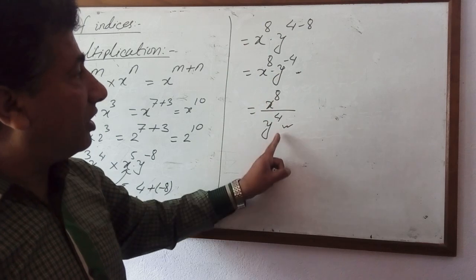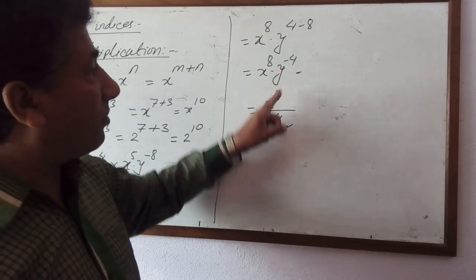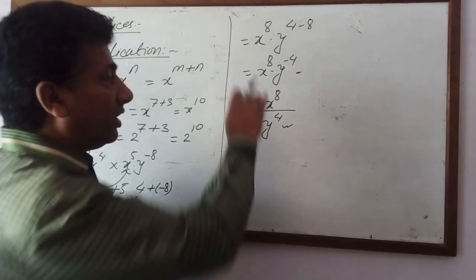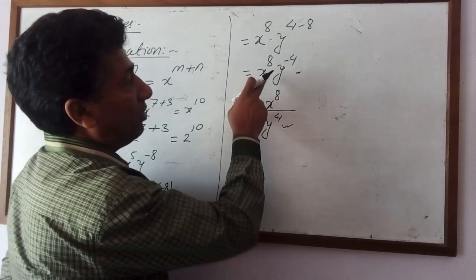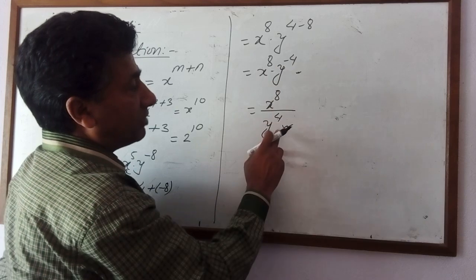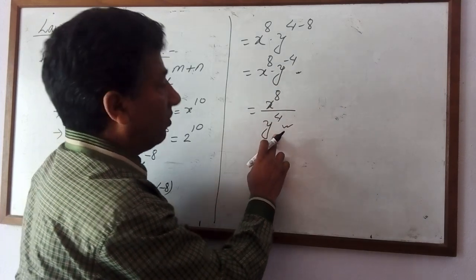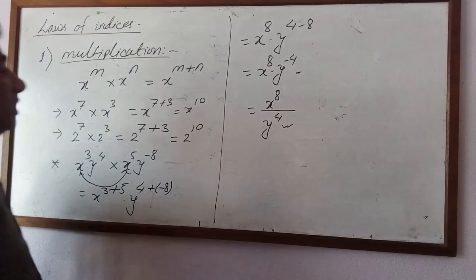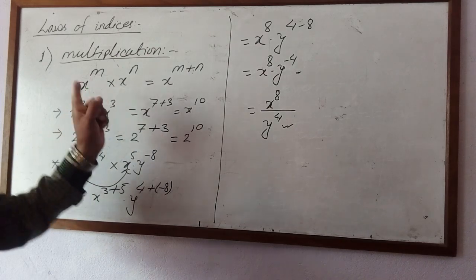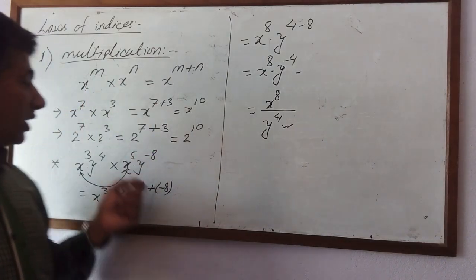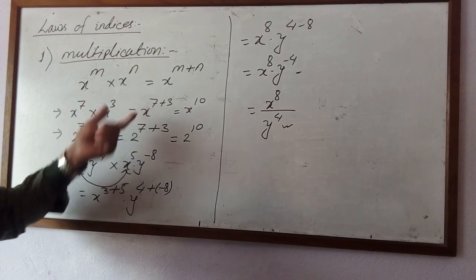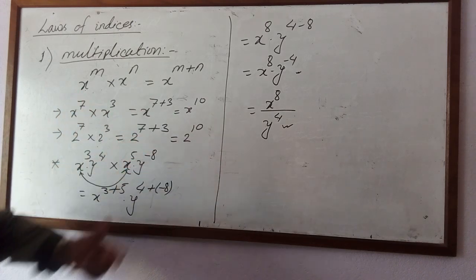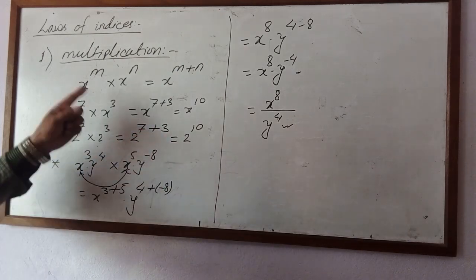When we bring any factor from numerator to denominator, or denominator to numerator, we only have to change its power. Now y has power minus 4, when it comes down it will be plus 4. I'll explain this in the next rule. Now this is the rule of multiplication. In this way we can use this rule to multiply any terms, variables or any constant numbers.